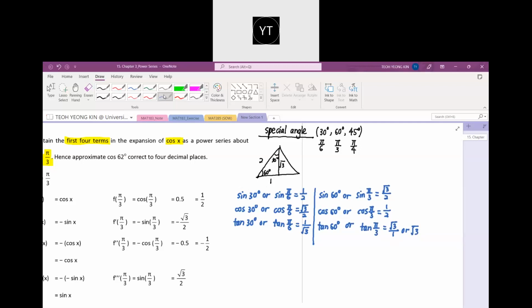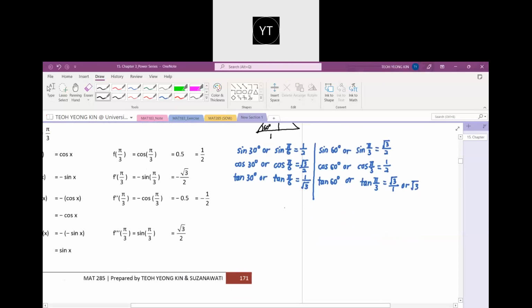Whereas for 45 degrees, here is 1, 1, square root of 2, 90 degrees. Here we have 45 degrees. Start with sine 45 degrees or sine pi over 4, which is equal to opposite over hypotenuse, 1 over square root of 2.